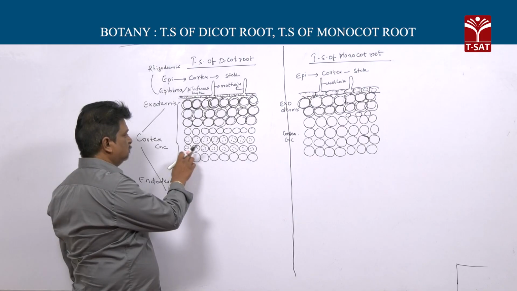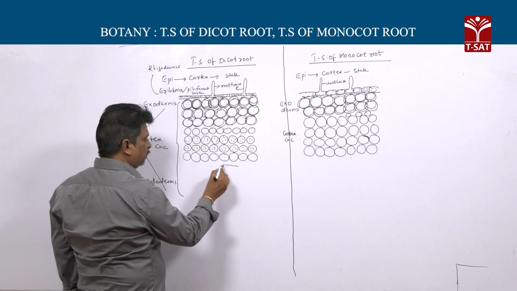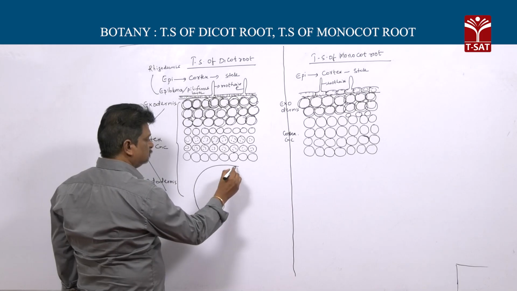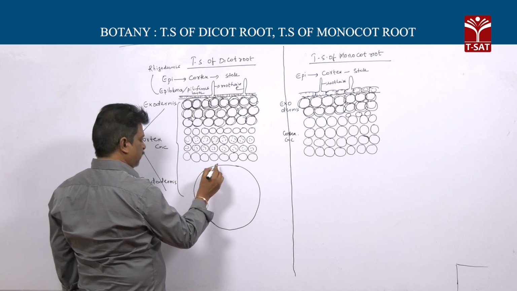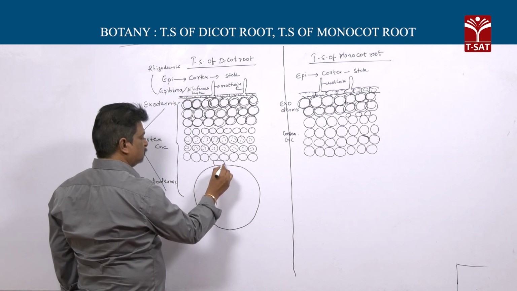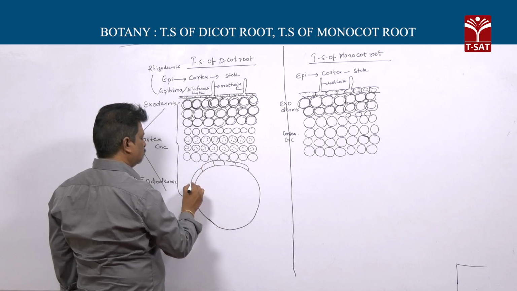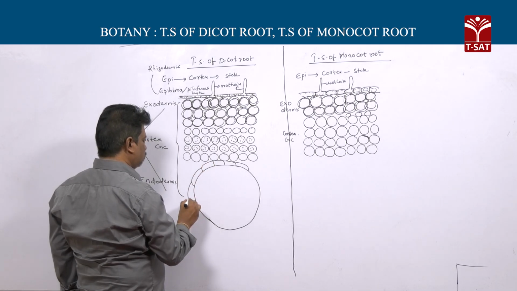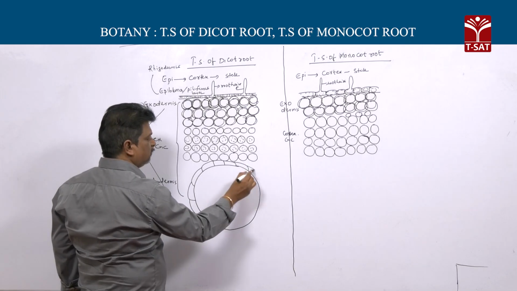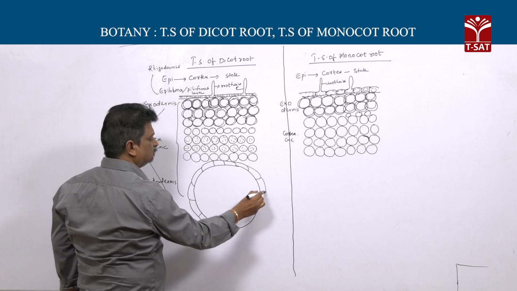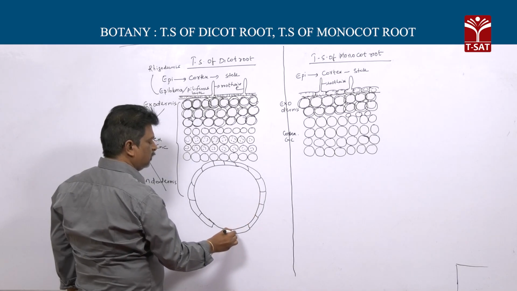Now, next one, endodermis. So endodermis, the innermost layer of cortex is called endodermis.